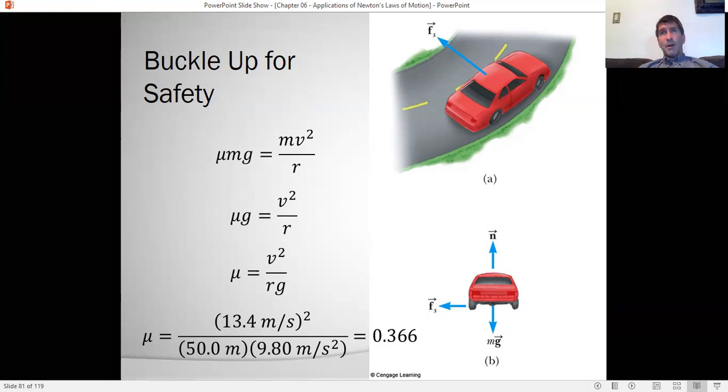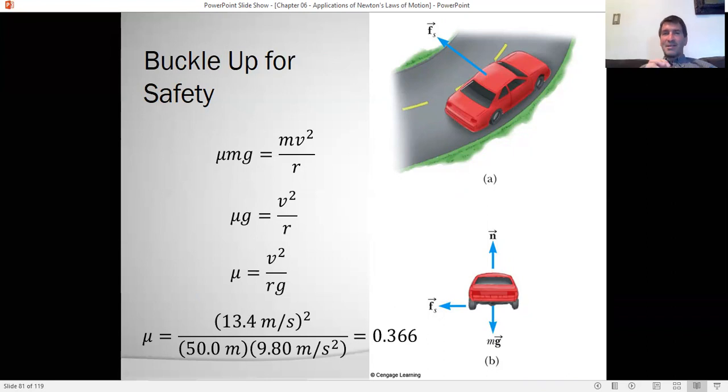Even on a slippery road, you're probably going to get up to about 0.5. So even if the road's wet, I'm okay as long as I don't hydroplane. If it's an icy road, my coefficient of friction could drop to 0.1. So that's not going to be enough to make it. And of course, on a dry road, I can actually even go faster. My coefficient of friction will be like 0.8 or 1.